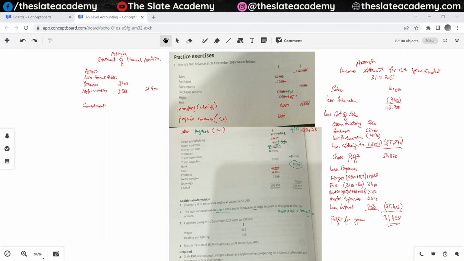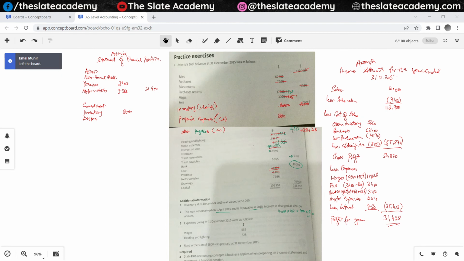How much are current assets? The first one would be inventory. This would be the closing inventory. So 8,000. And then I have trade receivables or debtors. How much?